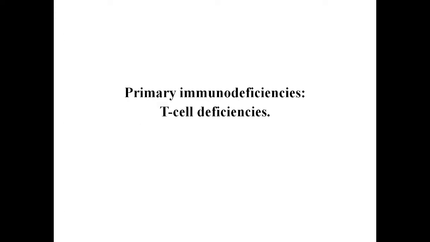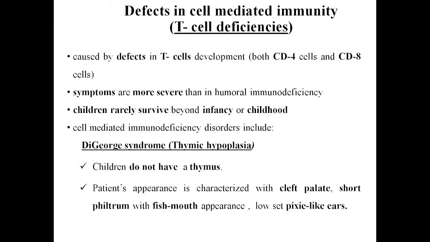So we have just talked about B cell deficiency. Now let's talk about T cell deficiency. You remember that T cells provide cell-mediated immunity. T cell deficiencies are caused by defects in T cells development. By the way, both CD4 cells and CD8 cells. I remind you that CD4 cells are T helpers.